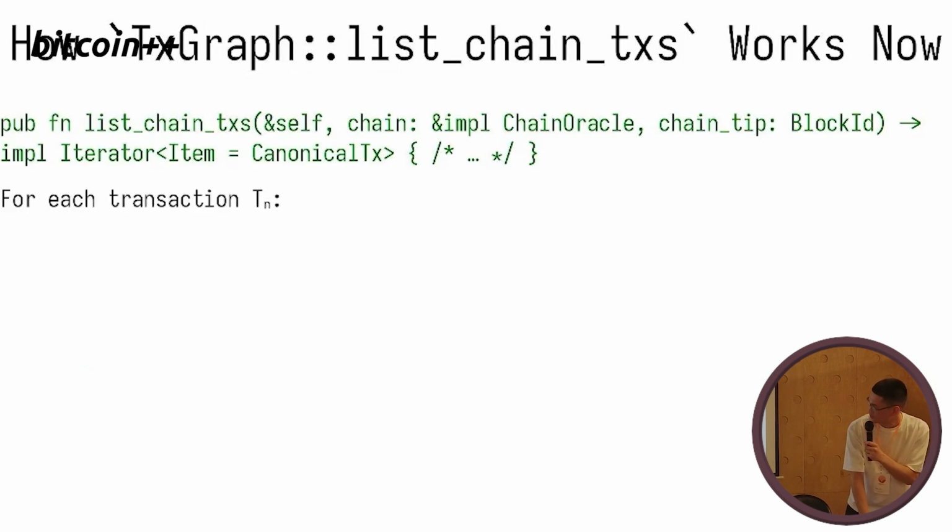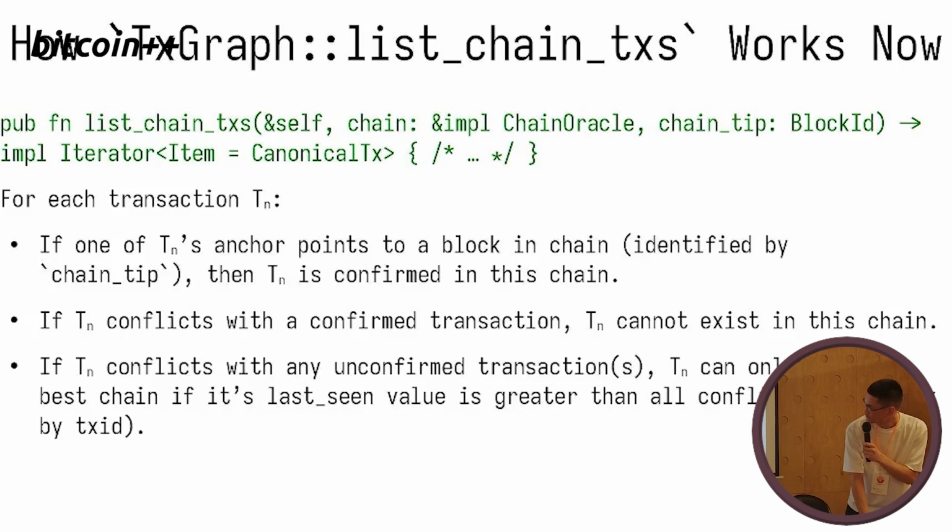How does it work? For each transaction, we check whether one of the transaction's anchors is in the blockchain. If it does, that means the transaction is confirmed, so it's part of the history.